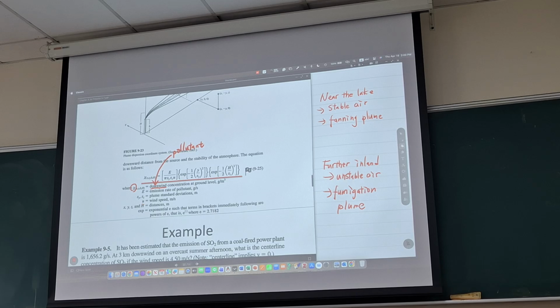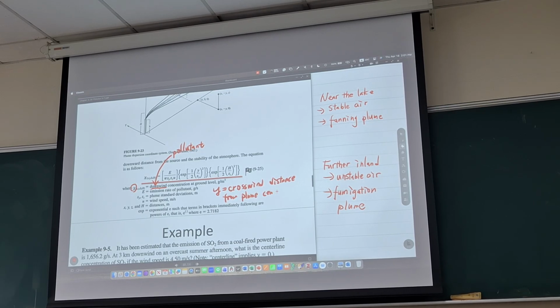So U is the wind speed. Y, Z are distances, but I want to mention Y specifically. Y equals the crosswind distance from the plume center line.